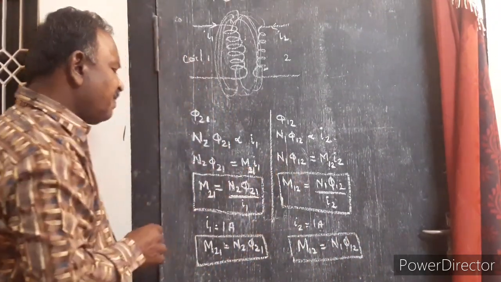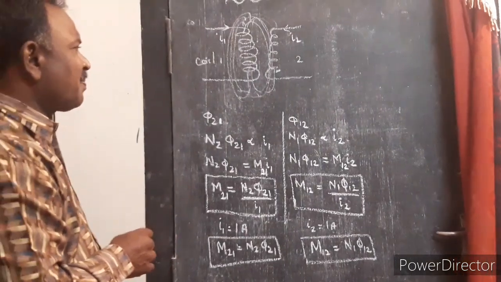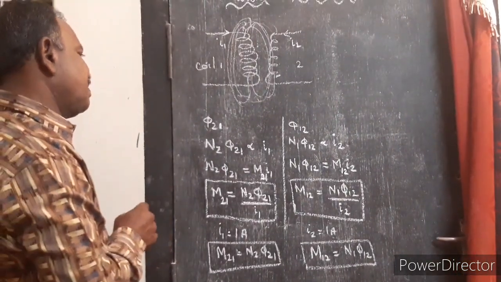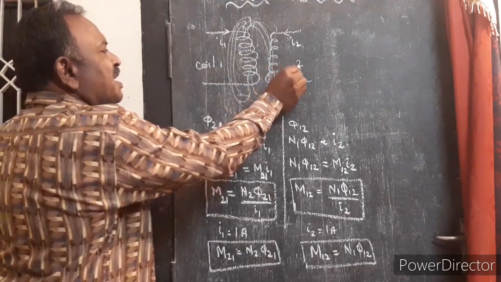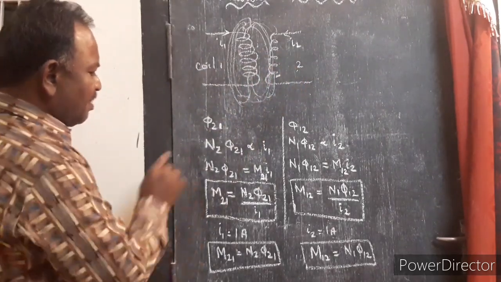So we can also define mutual inductance in terms of induced EMF. Due to the change in the magnetic flux, an EMF is induced in the second coil.